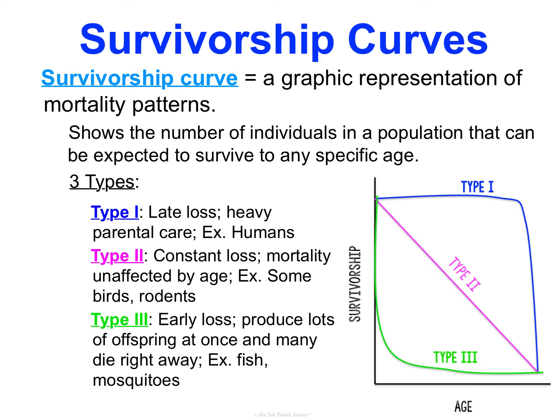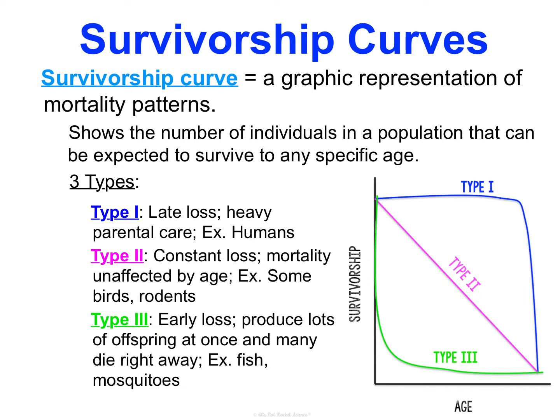And then we have type 3 organisms. Type 3 organisms have a lot of offspring. They produce a lot of gametes, a lot of early offspring, and apparently most of those offspring become food. So before they reach a certain age right here, they drop off rapidly. A lot of offspring is lost to predation.